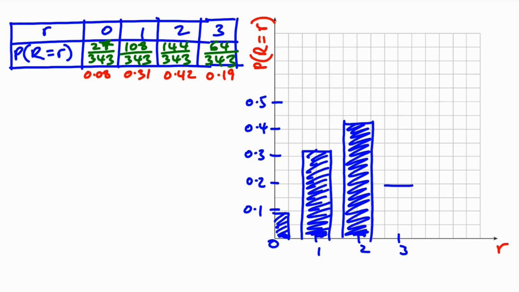Oops, close, but not quite. Missed that again. Somewhere around there. Okay, so this is the bar chart that represents those probabilities.